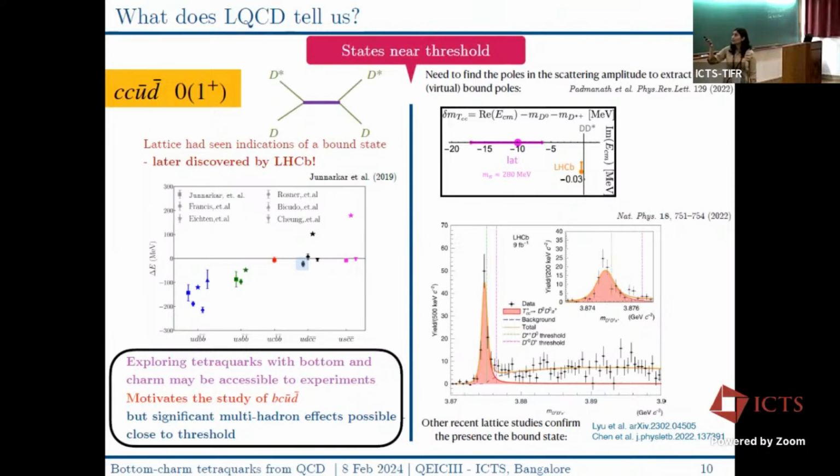This was done for the first time in this paper by Padmanath, where the Lüscher mapping was done from the discrete states to get the infinite volume amplitude, and the pole analysis was done, and they find a pole in the amplitude which corresponds to the bump that was seen at LHCb for the Tcc.